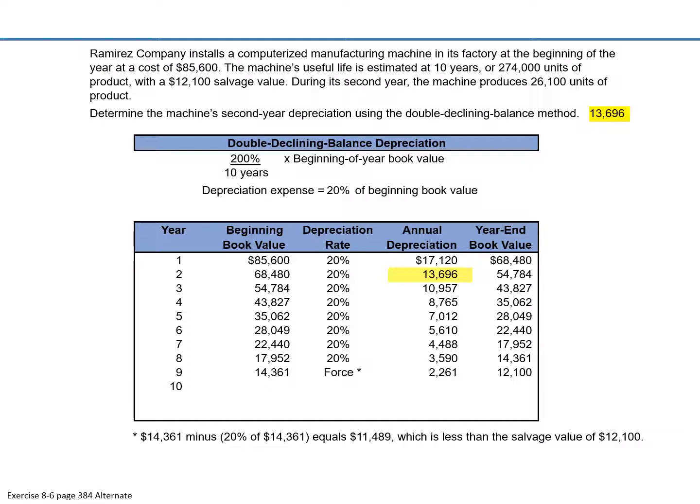Oh, that actually happens in year 9. Excuse me, that happens in year 9. So that in year 10, we don't have any depreciation. Okay? So at whatever point you reach or you're going to exceed that net book value, or the salvage value, I'm sorry, you just plug the number to take the book value down to the salvage value and then no lower. Okay?